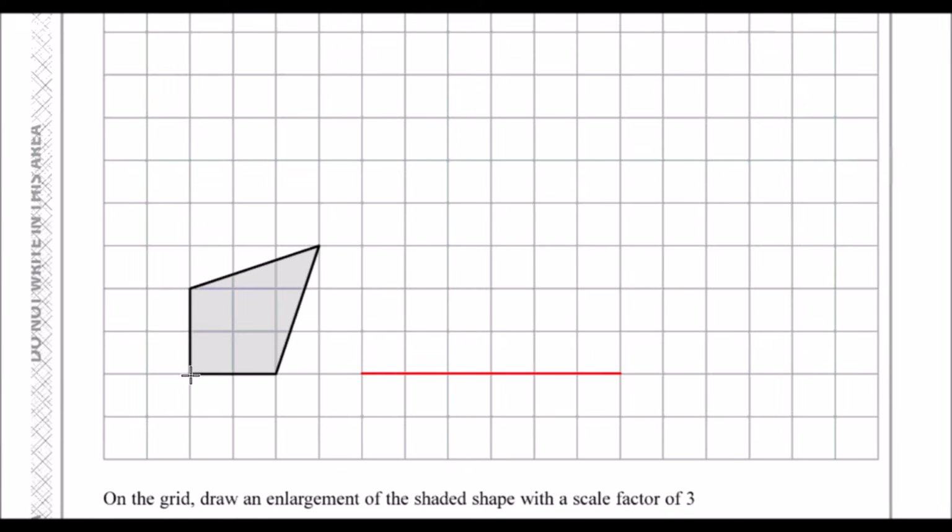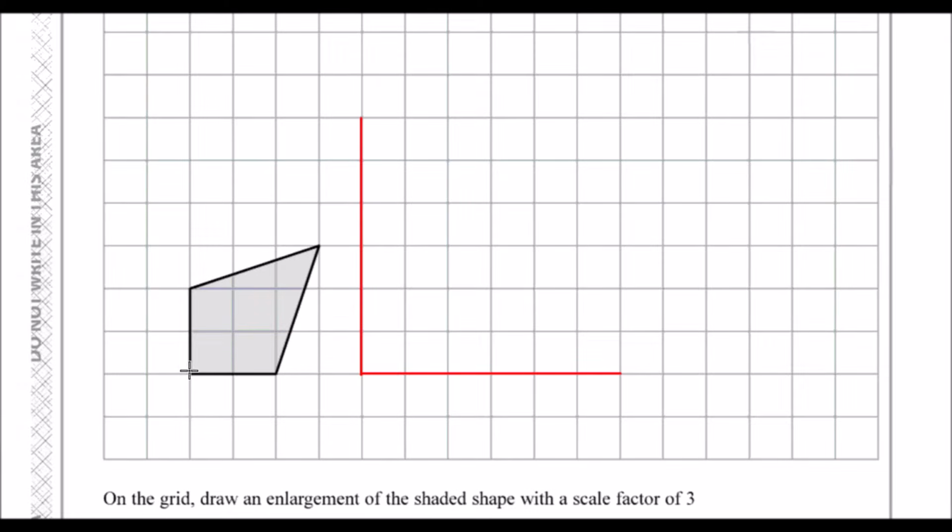This side here was 2 tall again. So 2 times 3 is 6. So now that's 6 tall. To get from the bottom corner to the top corner, we went along 3, up 3 to start with.